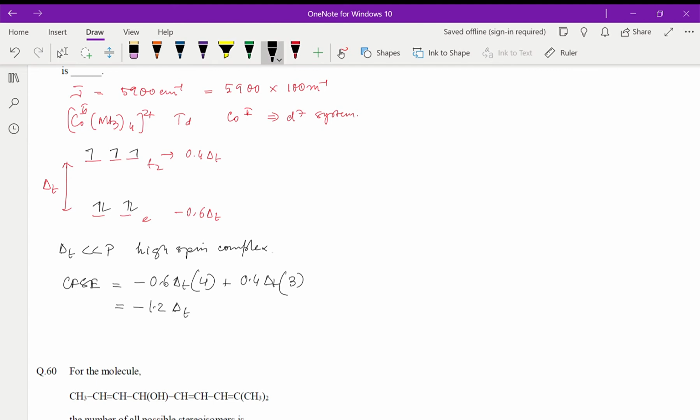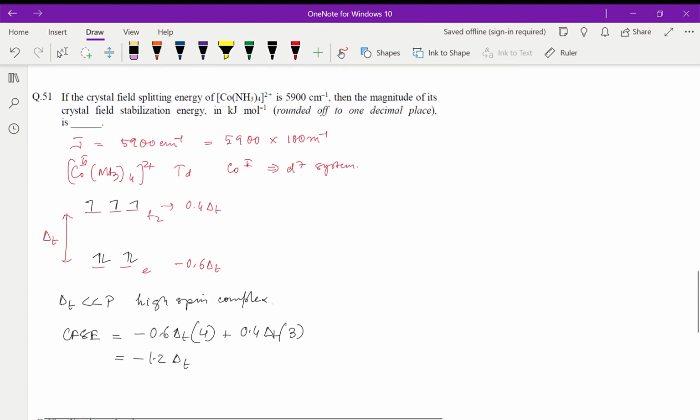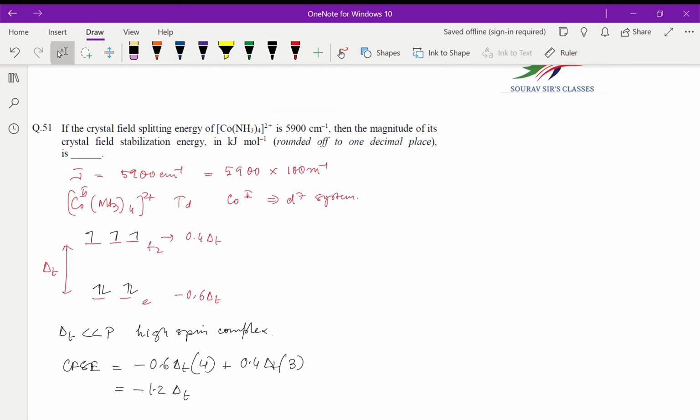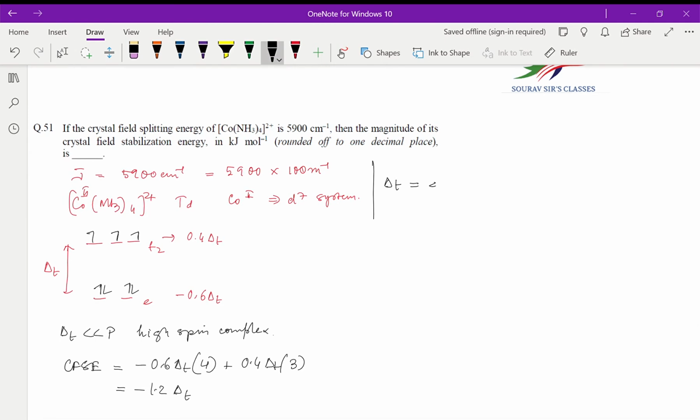Now we are going to find out delta T. We need to consider this in terms of energy, so that is going to be h c nu bar, that is Planck's constant into speed of light into nu bar, and because it is per mole, it will be multiplied by NA.